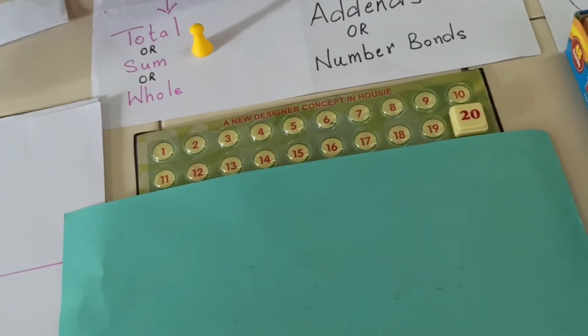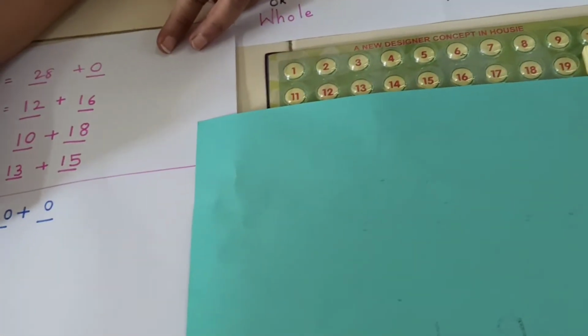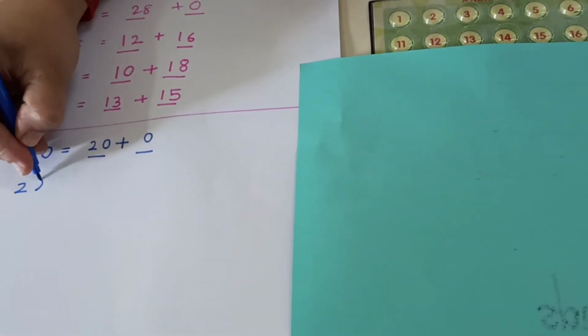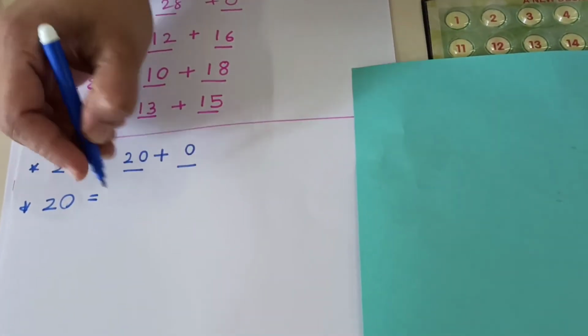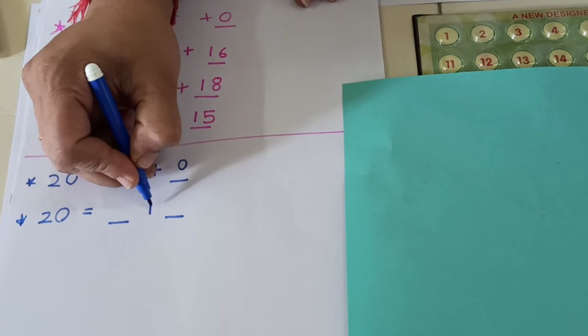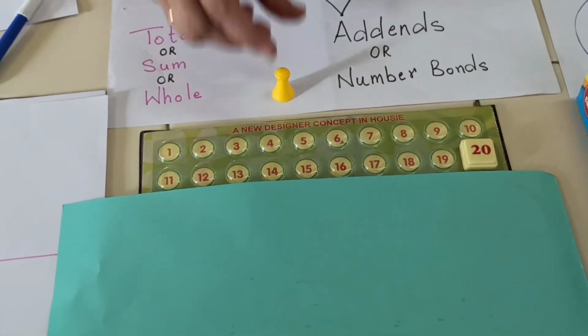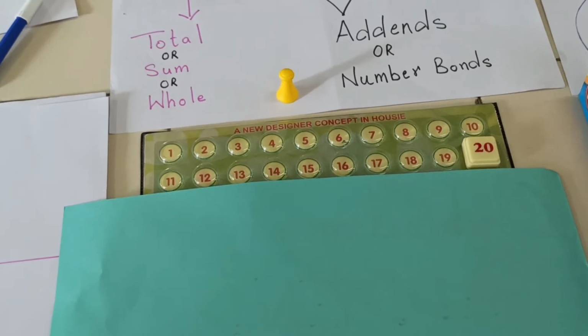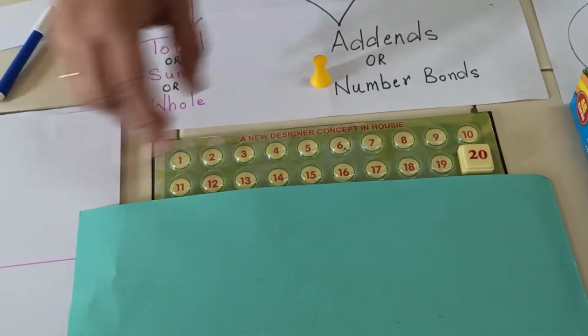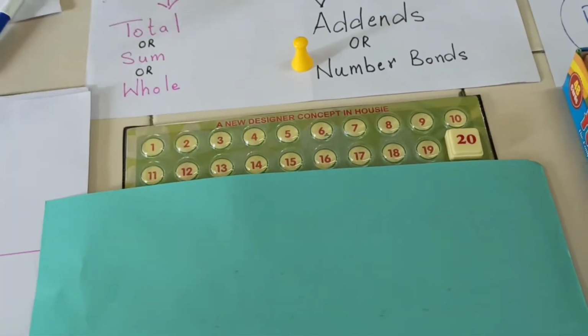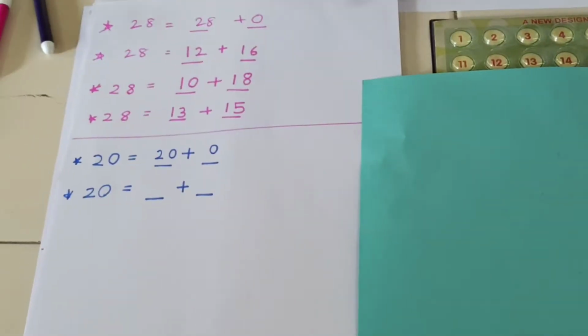Now, this is only the first combination we have. Can you tell me another combination for this? Tell me, where should I keep this now? On 7. Okay, that means my first addend is 7. Should I write 7 there? Yes, write it. Okay.